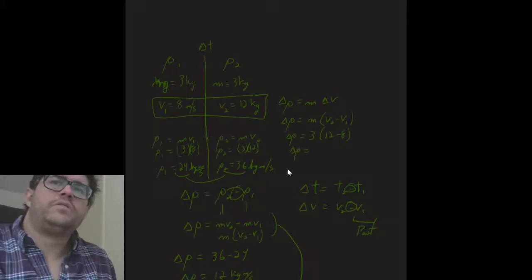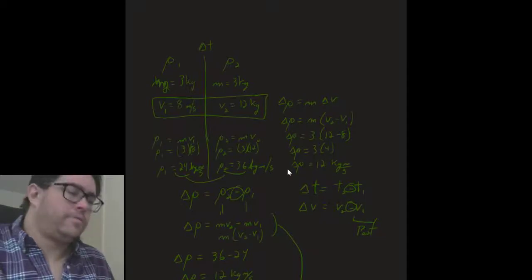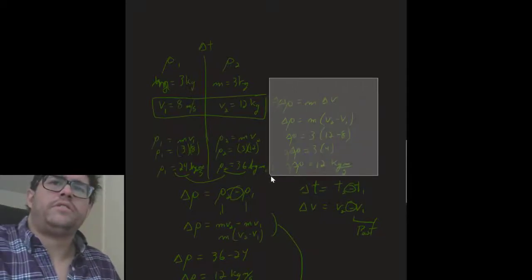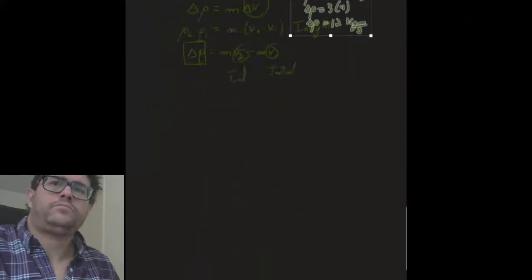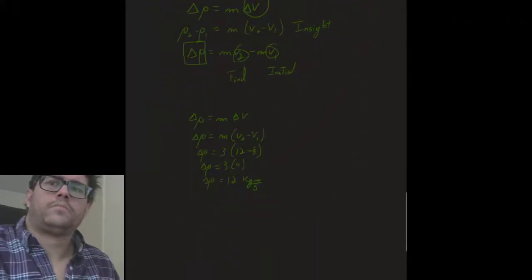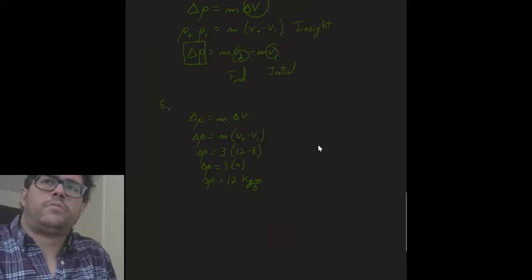The change, 3 times 4. Change 12. 12 what? Kilogram meter per second. We're going to take all this, bring that down. As example.